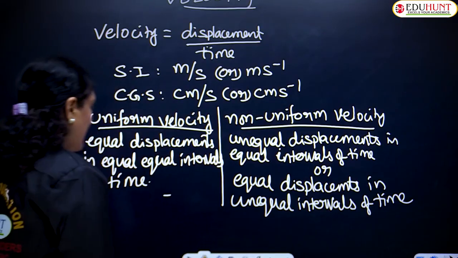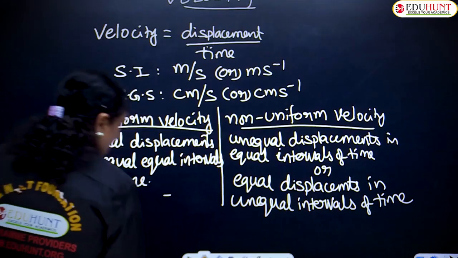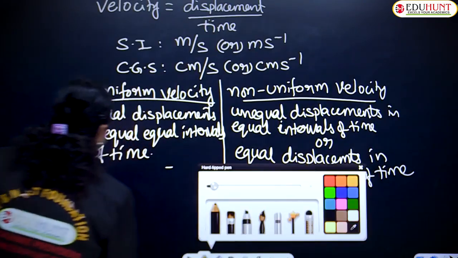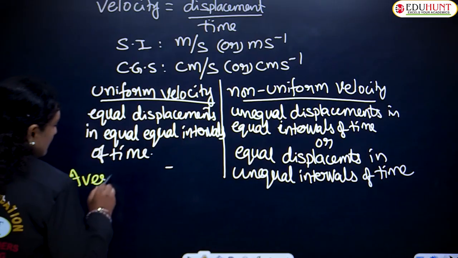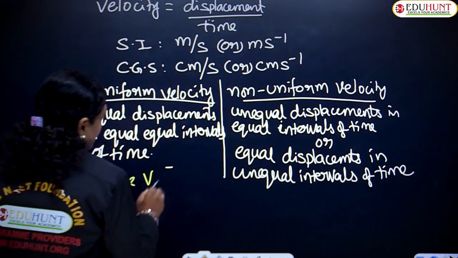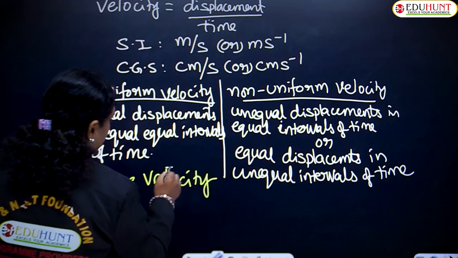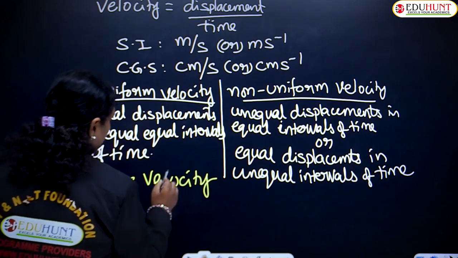Now, the last part is average velocity. So, what is the next, children? Average velocity. So, what makes the difference between velocity and average velocity? Here we go.